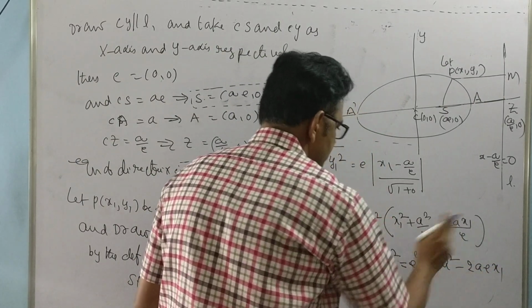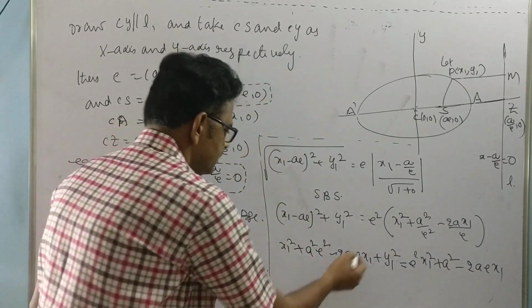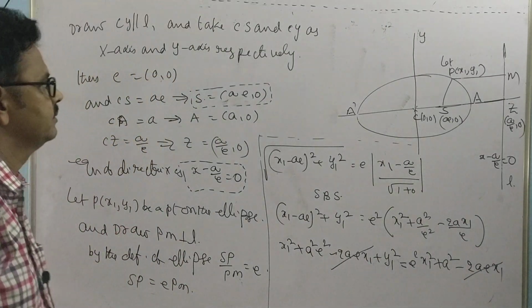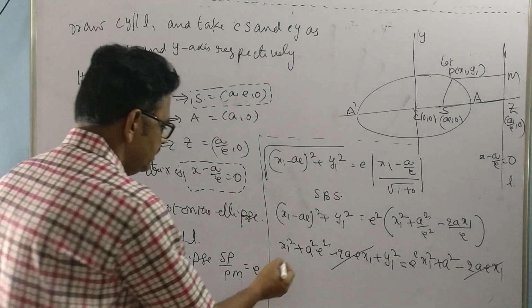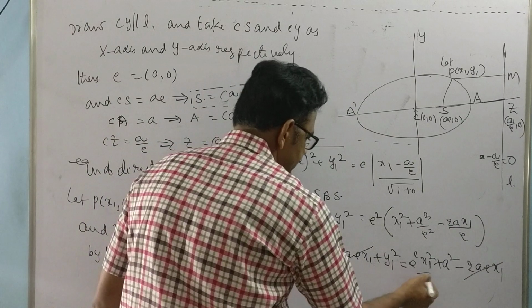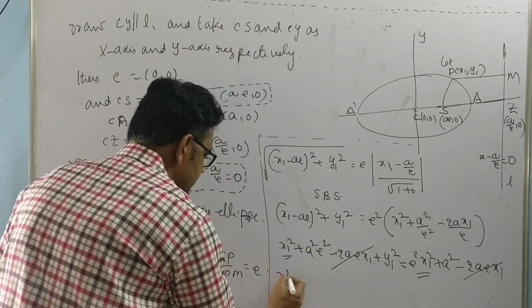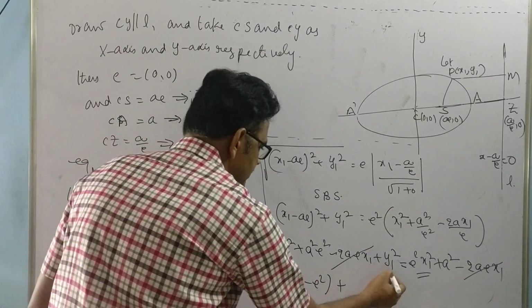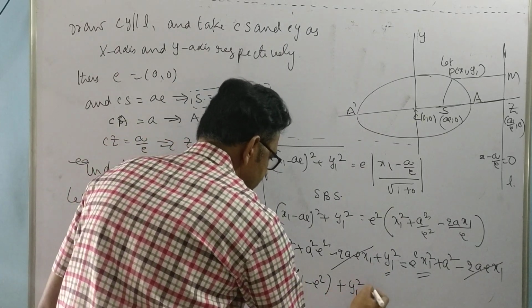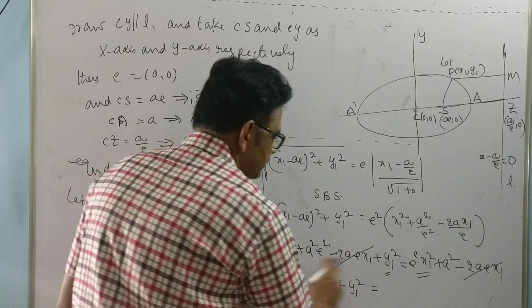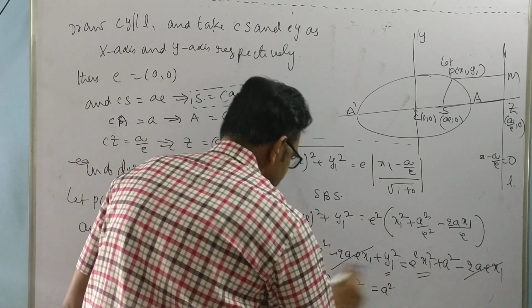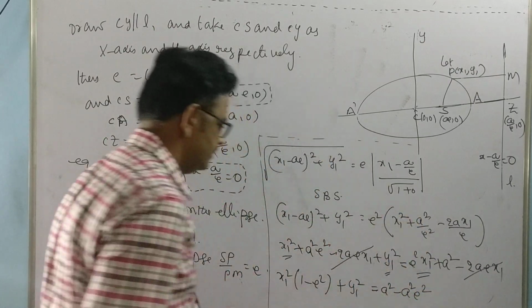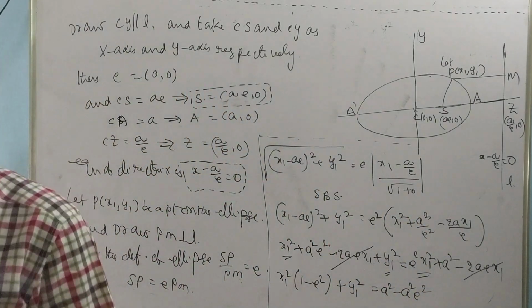The terms cancel. Taking x1 square common, (1 minus E square) x1 square plus y1 square is equal to A square minus A square E square.